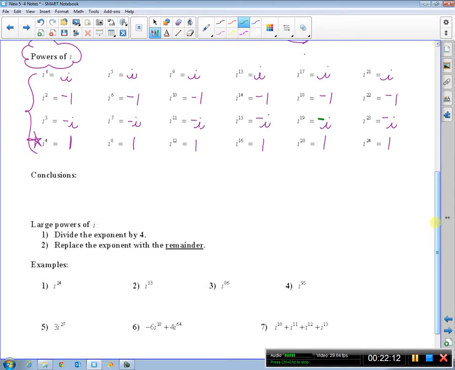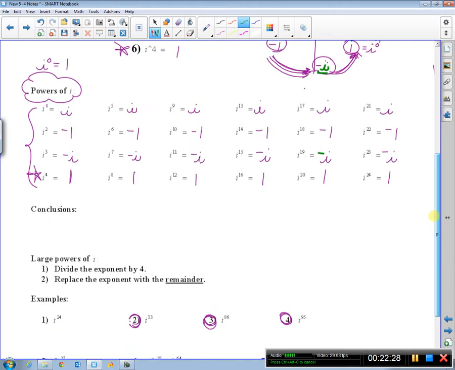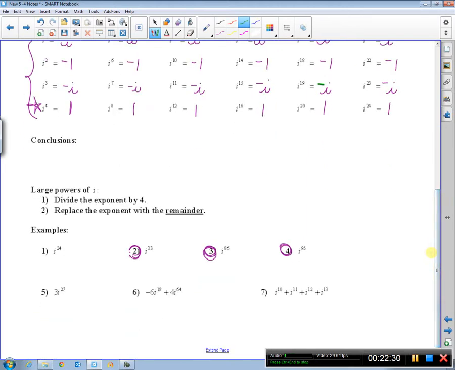What happens if they ask us for i to the 33rd, or i to the 86th, or i to the 95th? Well, we don't want to go through this cycle 95 times, although we could. So there's a really nice way to take care of these larger powers. All right, we've noticed a cycle of 4.